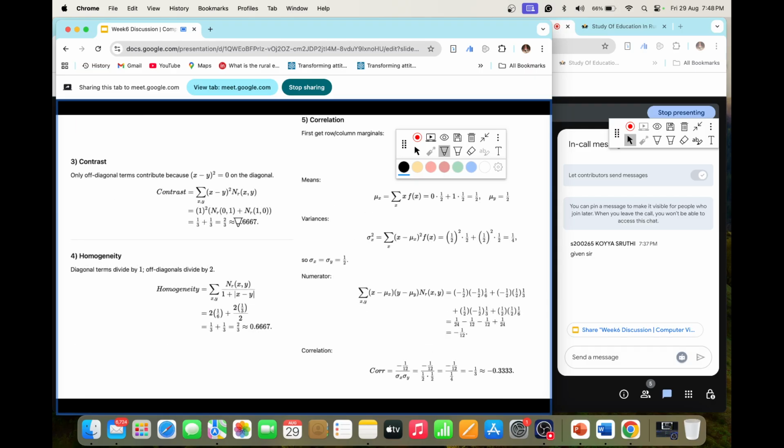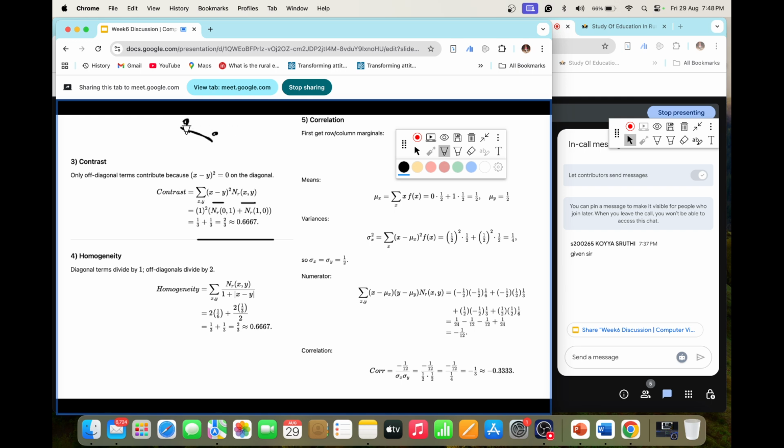Similarly, contrast you can calculate by the sigma of (x minus y) square n(x,y). Now x minus y, if we look at the diagonal points, is nothing but the index difference. This diagonal is 0 comma 0, and this one is 1 comma 1. So 0 minus 0 is 0, 1 minus 1 is 0.